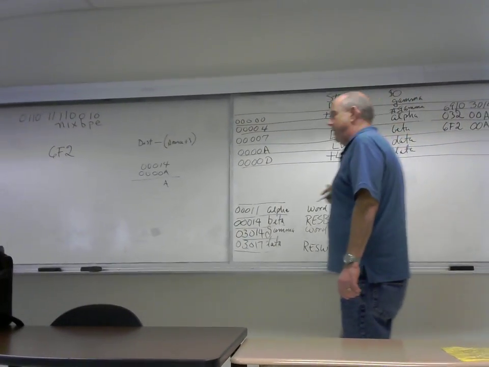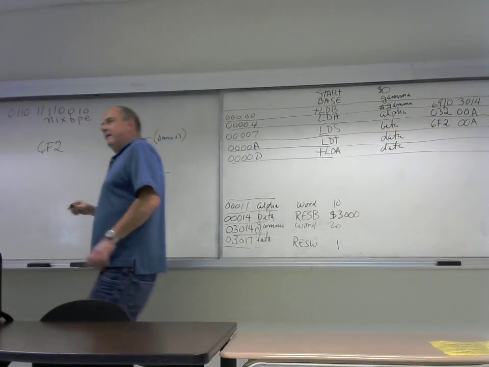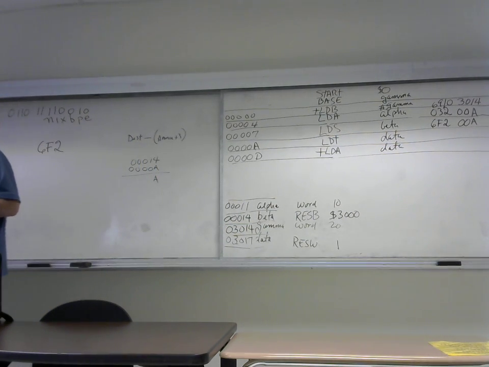Now how can those both have the same offset? That's got to be an error, right? To get to alpha is A, and to get to beta is A. Somebody tell me why those are both A, but they're going to different places. How can that be? Did we make a mistake?